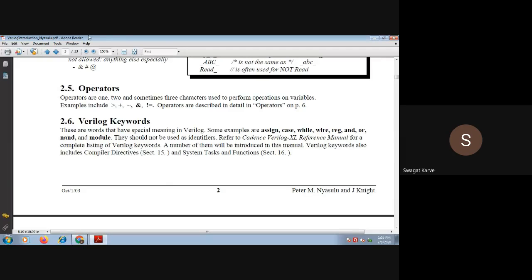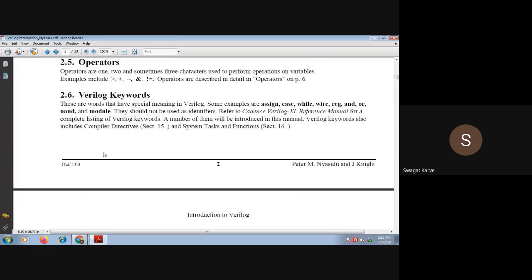In Verilog, each operator has a different symbol and syntax, which we are going to discuss later. Okay. Now Verilog has some restricted keywords, which you cannot use for other purposes. For example, assign is a restricted keyword. That means assign is a Verilog keyword, and you cannot use assign as an identifier or for some other purpose.